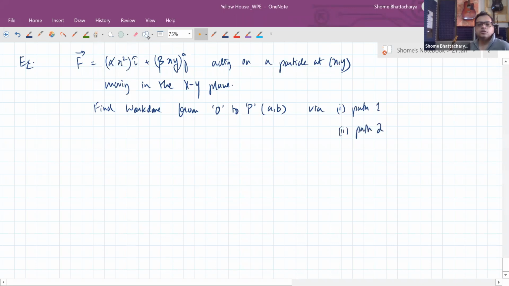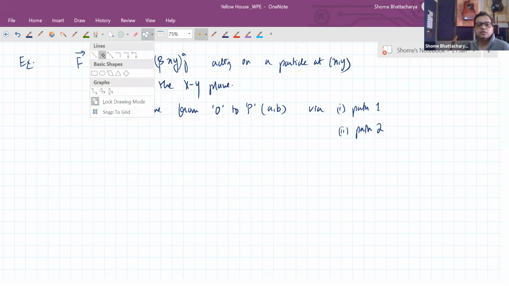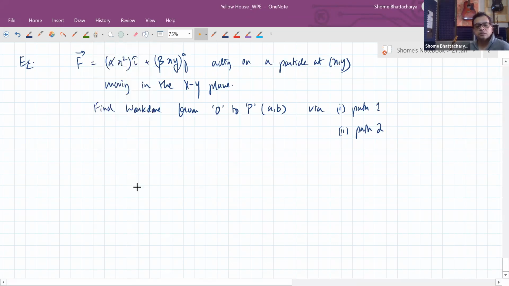So we will see two different paths again.